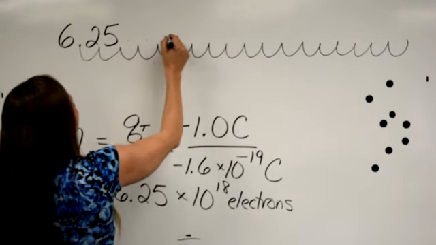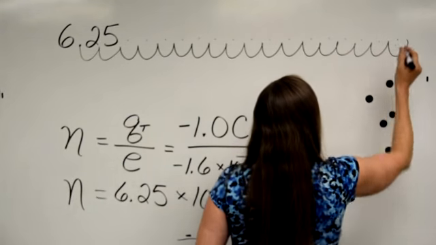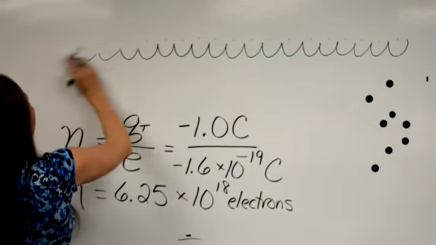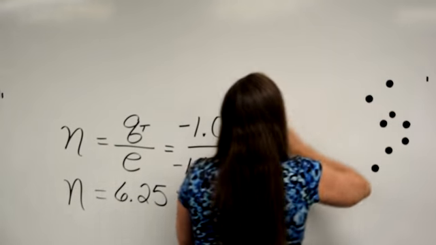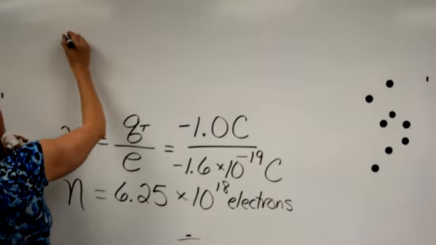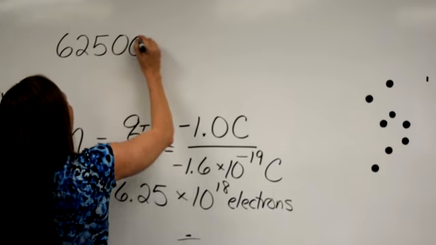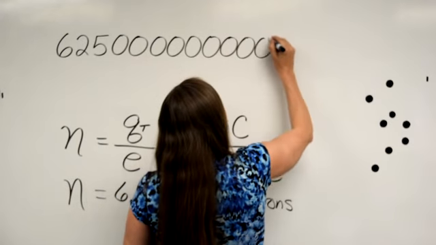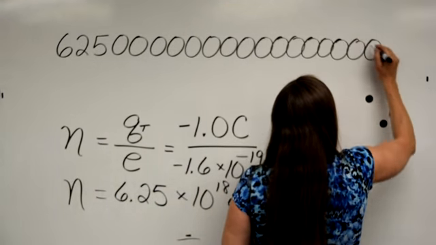So that's 16 zeros. Let's draw that with 16 zeros and see how big this number really is. 6, 2, 5, and then 1, 2, 3, up to 16 zeros.